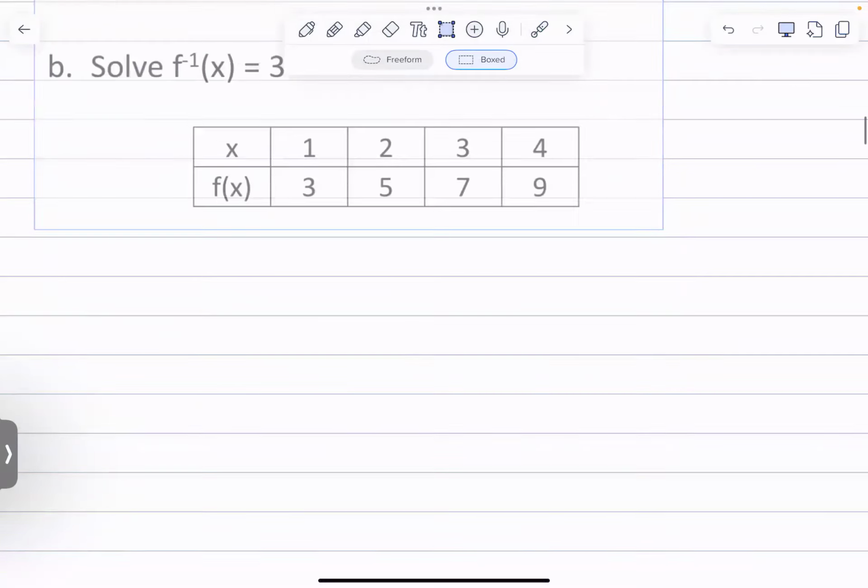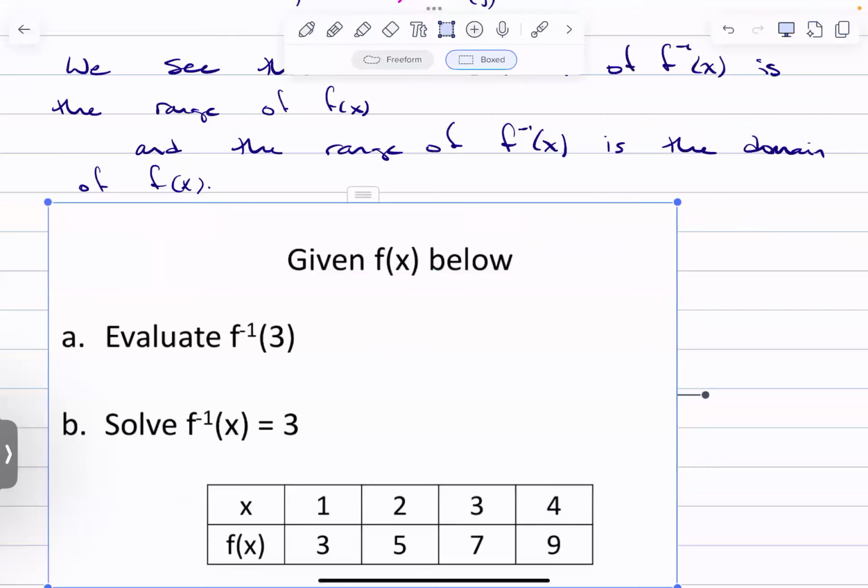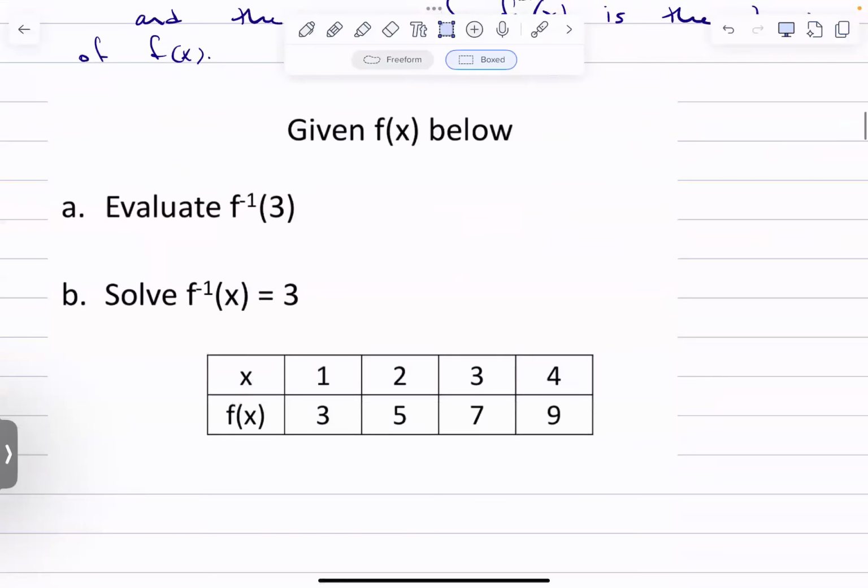So just like before, we can have functions given as tables, or we can have functions given as graphs, or most commonly we have functions given as mathematical functions. And so we'll work through those three different scenarios to solve these examples. So if we have f of x, here's a little itty bitty f of x.